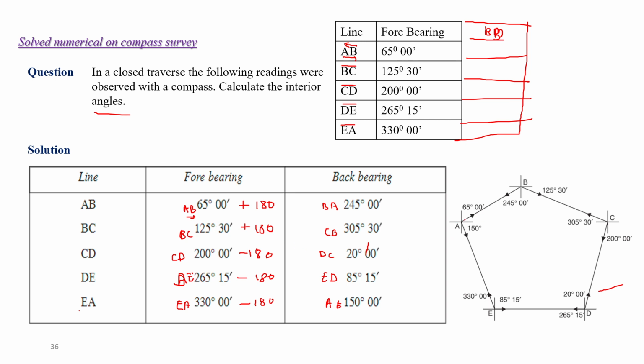Suppose we are constructing one polygon A, B, C, D, E. For calculating the internal angle of A, we have to subtract A to B and A to E. These two lines are passing through A. The angle of AB is this much, and this is the angle of AE.